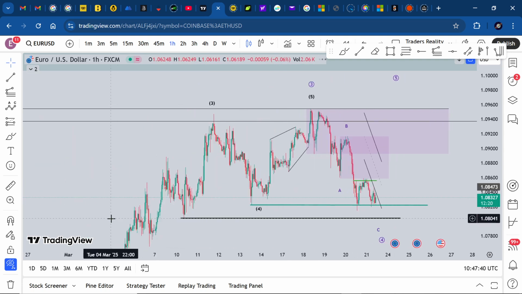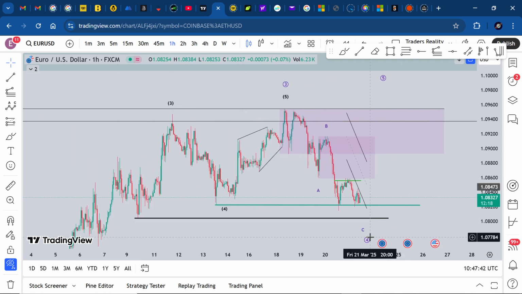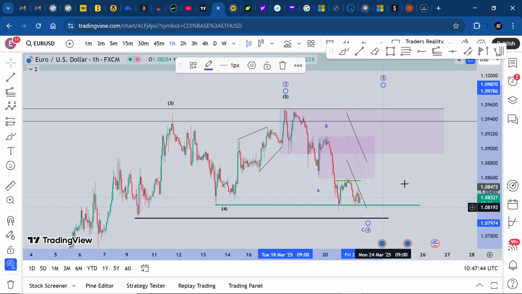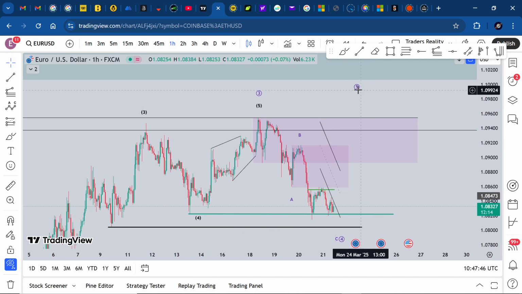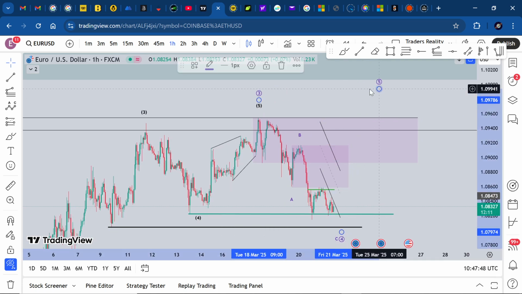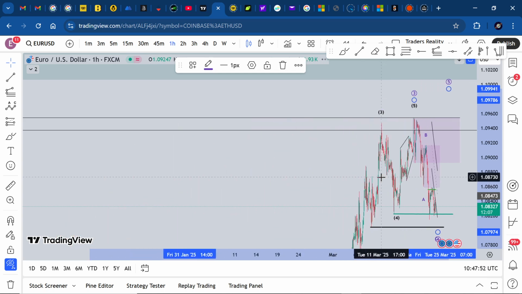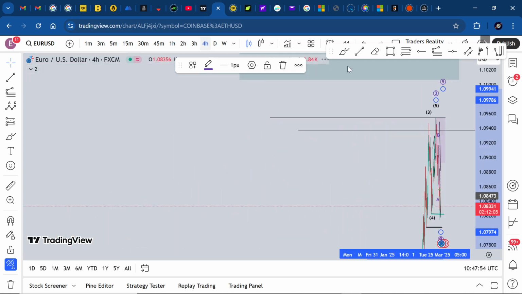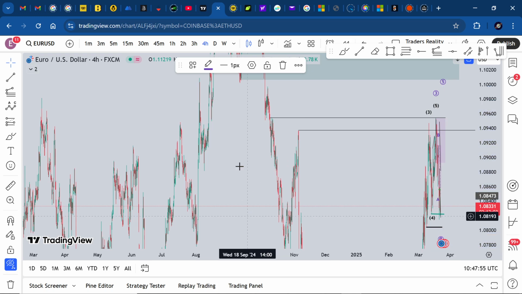So the Elliott wave count tells me currently, the way I've interpreted it, that we've got another 5. We're coming up, possibly touch this green box. It makes perfect sense. That's the supply zone, and it has not been touched.